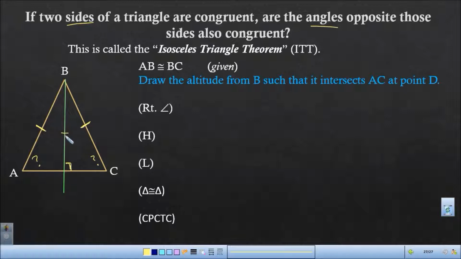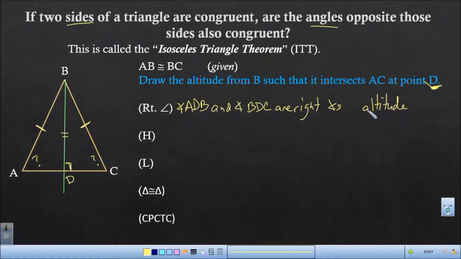We also have the reflexive side BD, D being the point where the altitude intersects. So this is a right angle. We say that angle ADB and angle BDC are right angles because of the altitude.